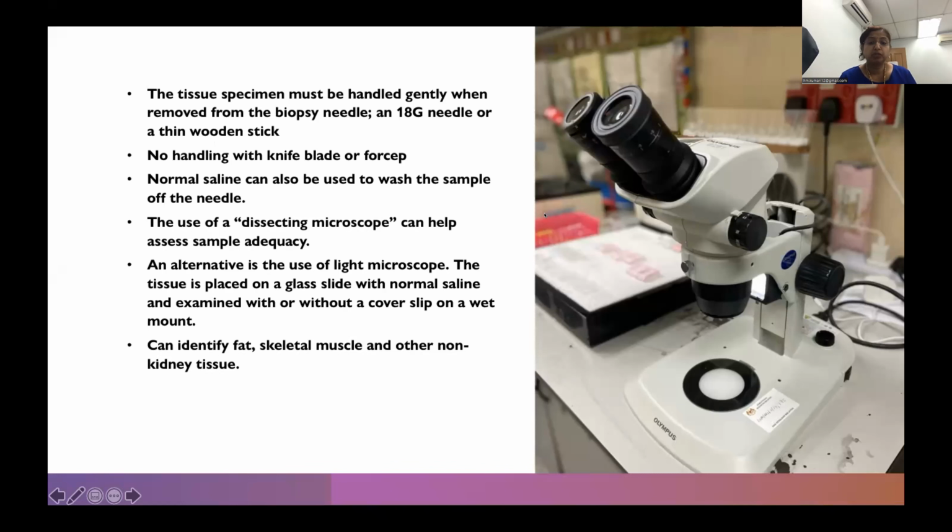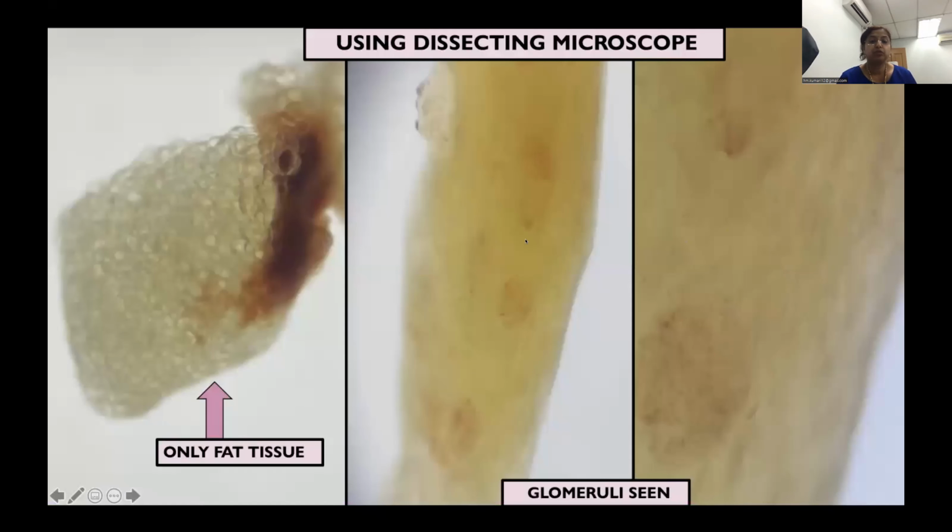A dissecting microscope is very good because you can identify the number of glomeruli. And if you are going to cut up the tissue into pieces yourself and decide which piece goes where, then a dissecting microscope will be very useful. When you look at the dissecting microscope, this is how the tissue looks.